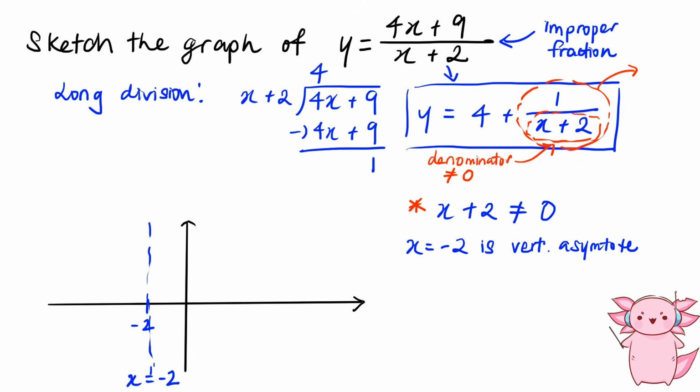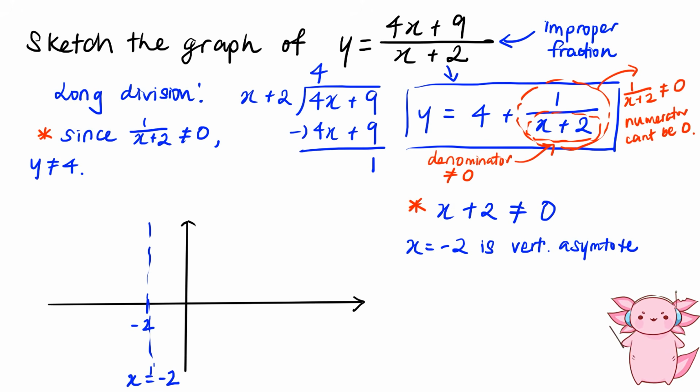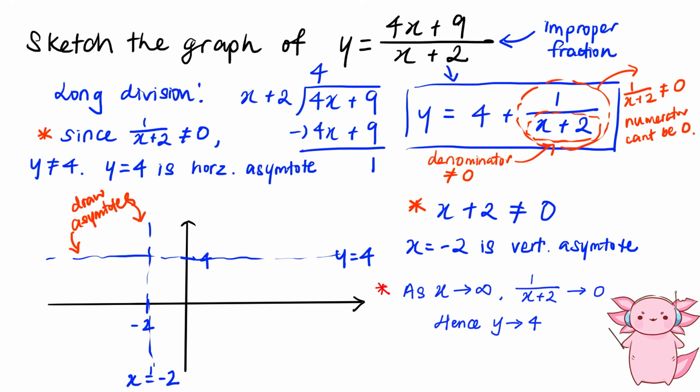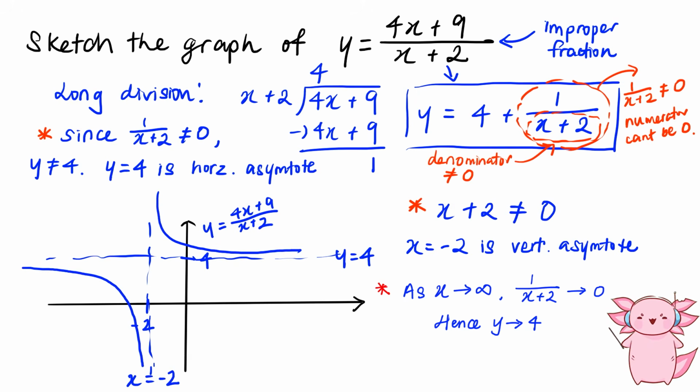If we look at 1 over x plus 2, this whole fraction can't be equal to 0 since the numerator doesn't have any x terms. Therefore, y cannot be equal to 4, so y equals 4 is a horizontal asymptote. The last step is to draw our asymptotes and then plot the graph like this using our graphing calculator.